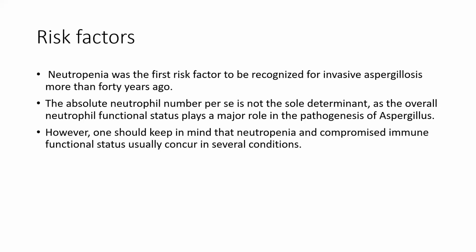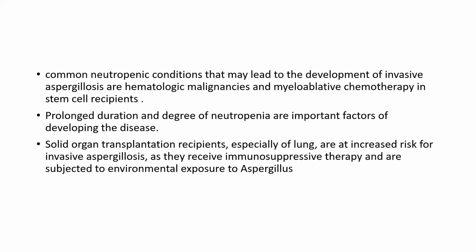However, one should keep in mind that neutropenia and compromised immune functional status usually concur in several conditions. Common neutropenic conditions that may lead to the development of invasive aspergillosis are hematological malignancy, myeloablative chemotherapy, and stem cell recipients. Prolonged duration and degree of neutropenia are important factors in developing the disease.